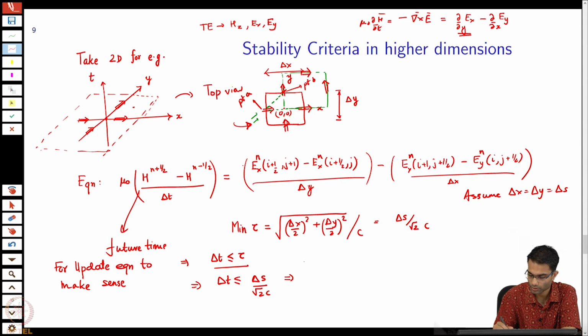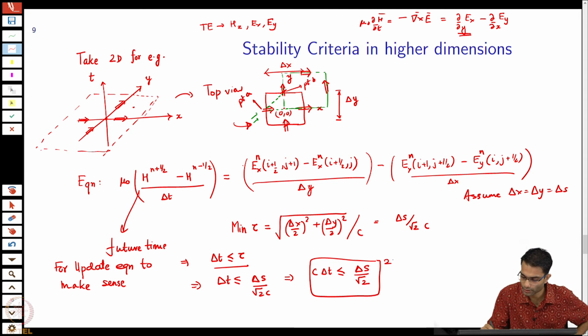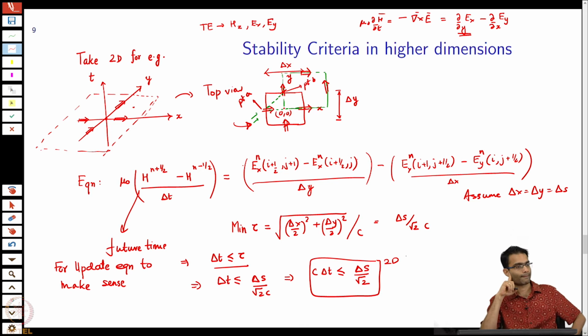So, c delta t, this is in 2D. So, an additional factor of square root 2 has come, right, just because these points are arrayed on a square and you are looking at the diagonal between the midpoints.